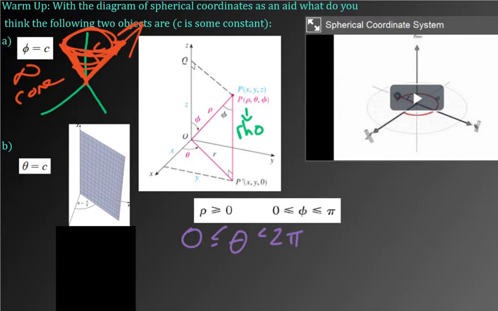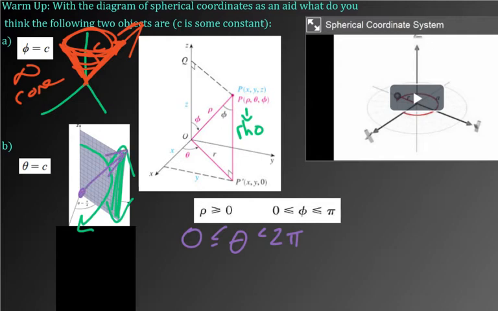And then if you let theta equal a constant, this time the phi angle is allowed to be literally anything. So you get a vertical infinite distance, up and down forever. And then rho starts here and shoots out forever.